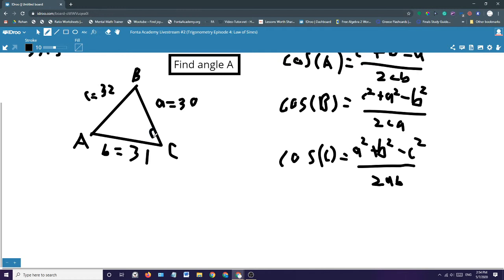And let's do the other. Let's do C. So let's use the formula cosine of C. So then it's a squared, which is 30 squared, plus b squared, which is 31 squared, minus c squared, which is 32 squared.